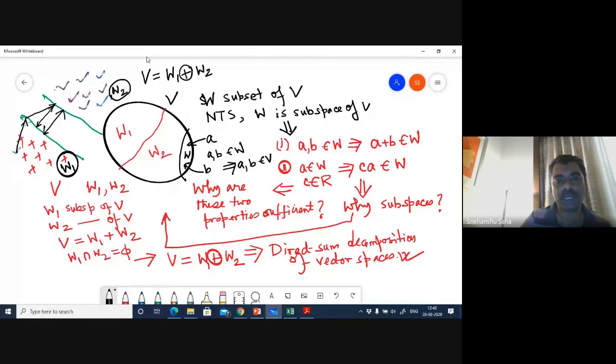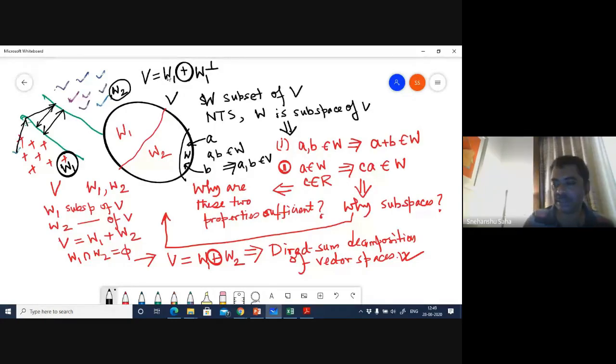and W2. Now, I want to rewrite this W1, and I want to introduce W1 direct sum W1 perpendicular. This is your high school representation of orthogonality, perpendicular.